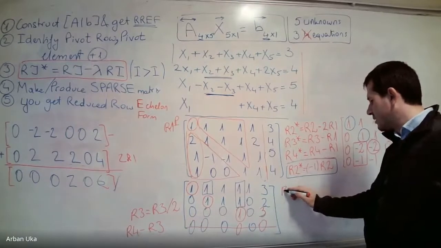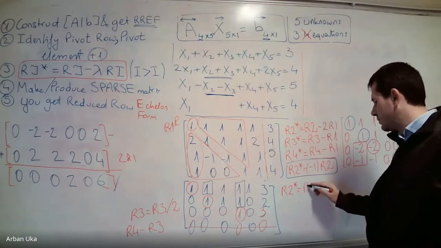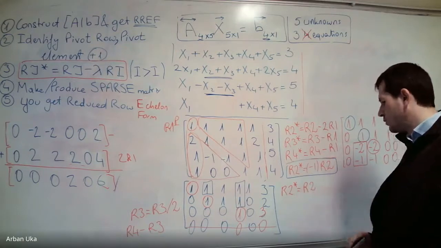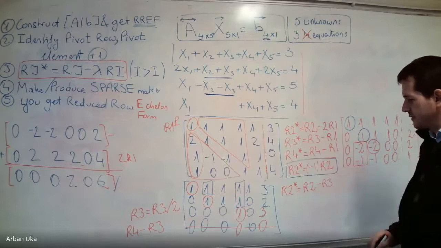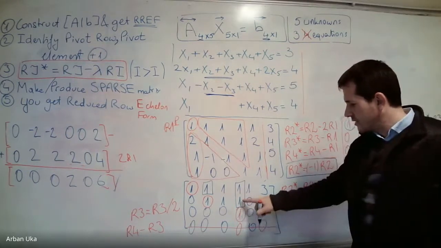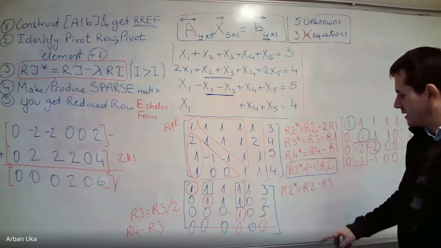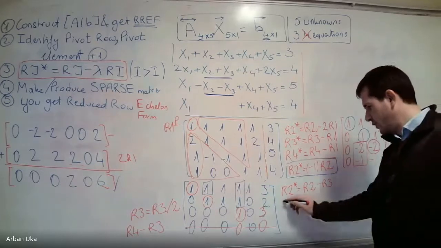Here we can say that row 2 star is equal to row 2 minus row 3, okay? Why are we doing it? Because using this, we clear this out. Then, in order to clear this other one out, which is row 1, how do we do it?